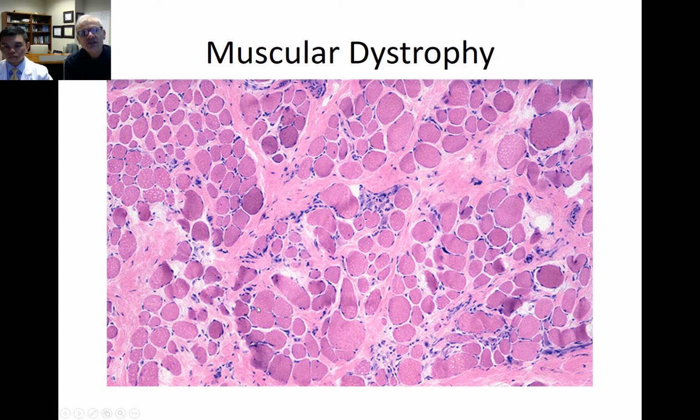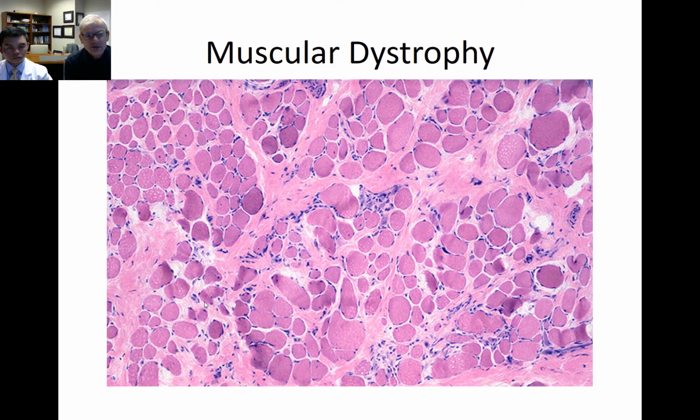I don't see degenerating or necrotic fibers in this particular slide, but that would be another example of myopathic change. Note that some normally peripherally located myofiber nuclei now moved into the myofiber. We call them internal nuclei. So these are all myopathic changes.